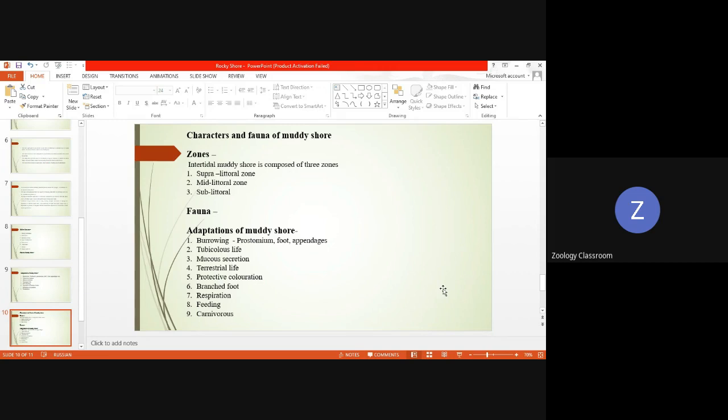They also show burrowing type of adaptations as we have observed in the case of sandy shore, where the prostomium acts as a burrowing organ, the foot also acts as a burrowing organ, certain appendages in the case of crabs act as burrowing organs, and tubicolous life as in the case of Arenicola. Again, mucus secretion is also shown by the animals of this muddy shore, which helps in keeping the body moist, and keeps the body covered with mud grains for protection and so on.